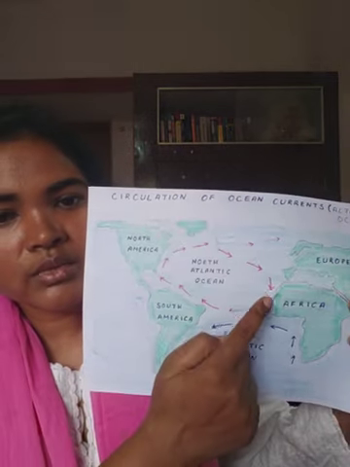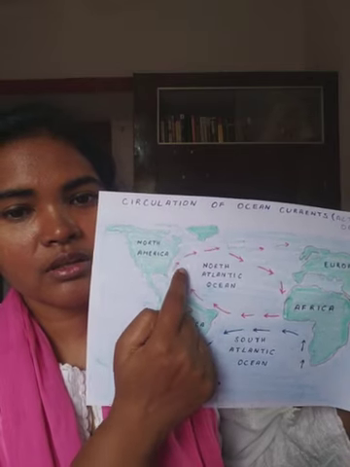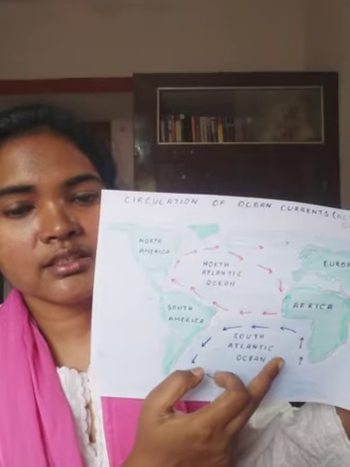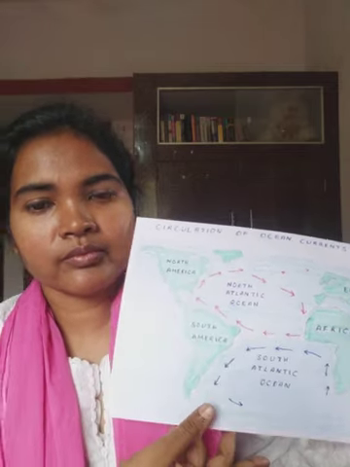So, in the northern hemisphere you see them deflecting to their right, and in the southern hemisphere they deflect to their left. So this is the effect of rotation of the earth on the paths of winds and ocean currents.